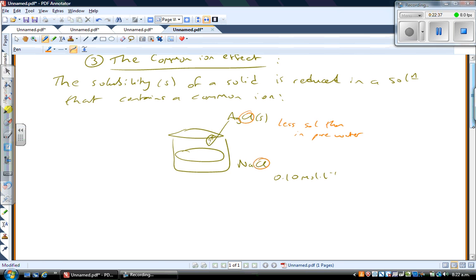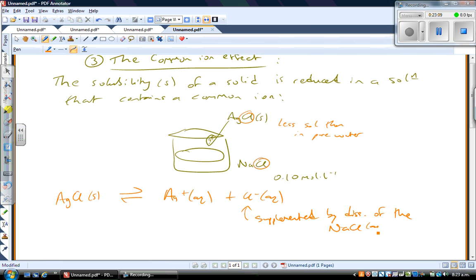Hopefully you can see from last year, you have AgCl solid, and the AgCl solid is trying to dissolve in the solution as much as possible. You want to get the chloride ions dissociated as much as possible. Unfortunately, though, the chloride ions are being supplemented by the dissociation of the NaCl in solution.